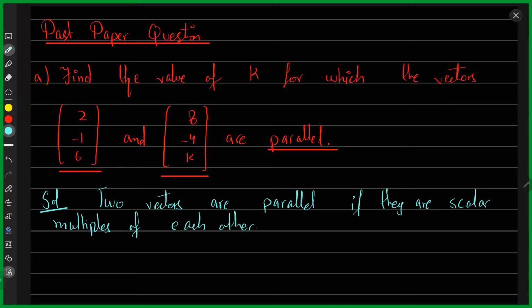This means if I multiply by 4, I would get 4 multiplied by 2 is 8, 4 multiplied by minus 1 is minus 4, and 4 multiplied by 6 is 24. So if I have 24 instead of k, this would mean that both these vectors are parallel, because this vector is basically the scalar multiple of this one. So two vectors are parallel if they are scalar multiples of each other.